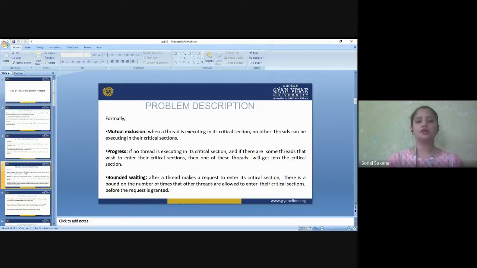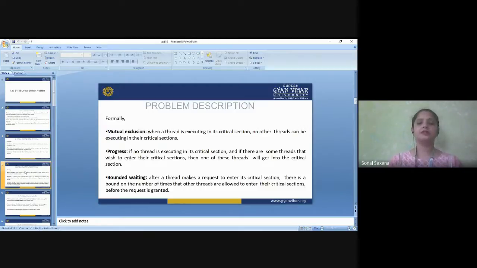We should always keep a check on it, and as soon as it becomes free, we should assign a task that is waiting outside to be executed. We assign a single task to it so that the process does not stop, and one by one all the processes get executed. This is what we mean by the progress scenario.